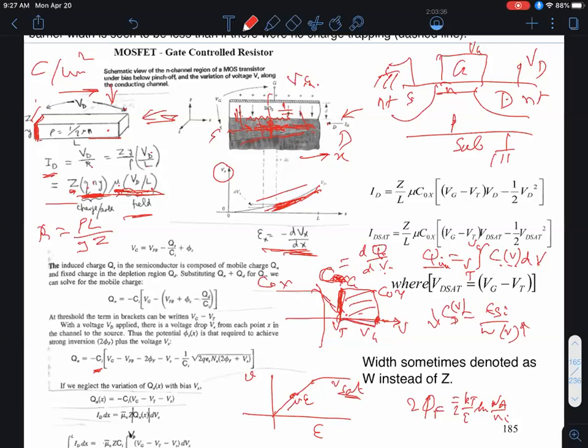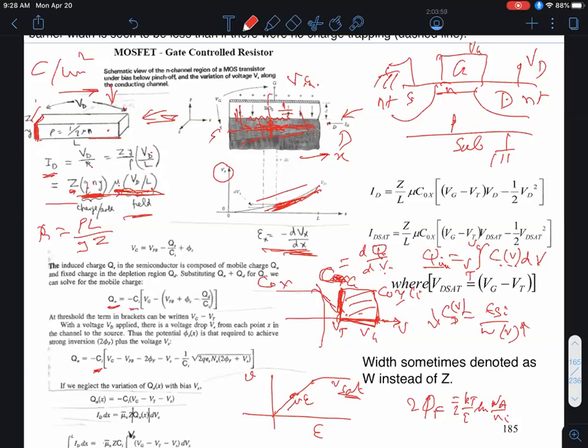Vg minus Vt is this base, and C ox or Ci is the height of this curve. Now, it's not an exact rectangle, but it's pretty close, because once you hit inversion, this curve goes up very, very steeply.